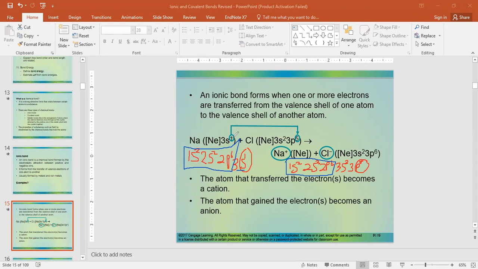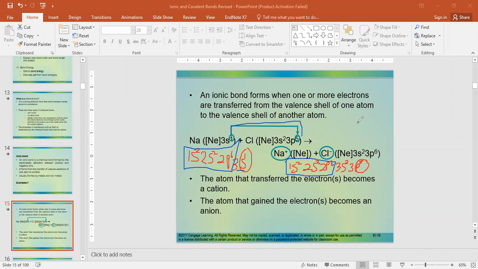And that is why this electron is completely transferred all the way to chlorine, so that now chlorine is not 3p5, but it is 3p6. When it is 3p6, it gives a different electronic configuration. This is actually going to be argon, all right?